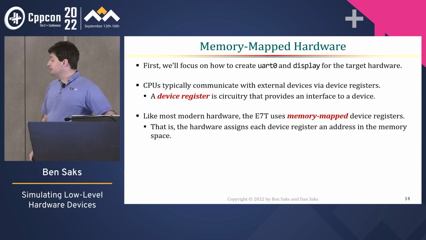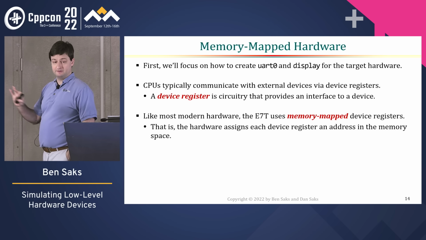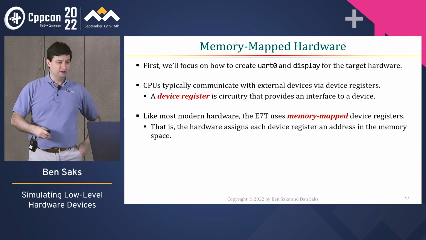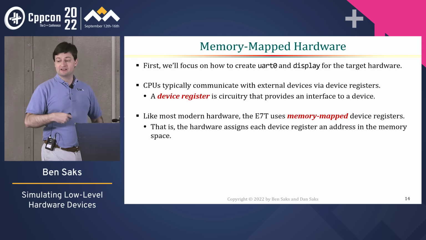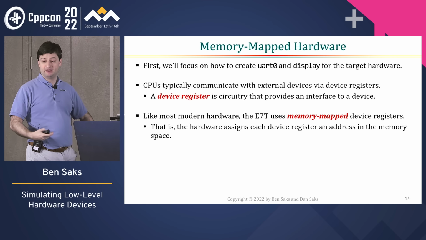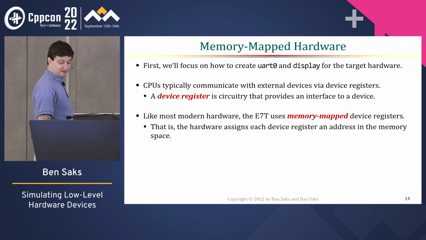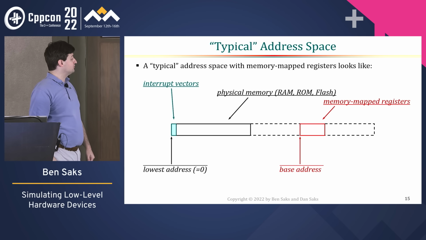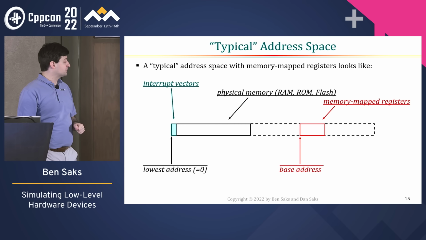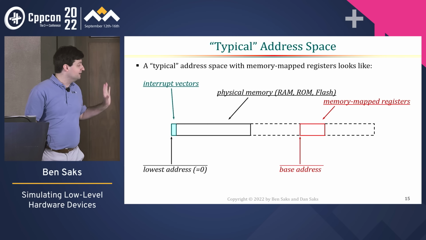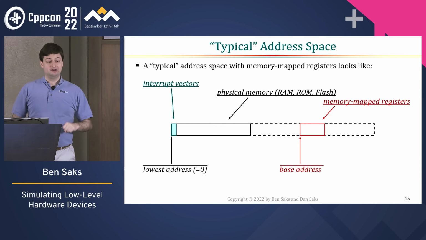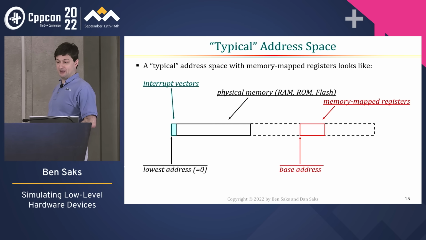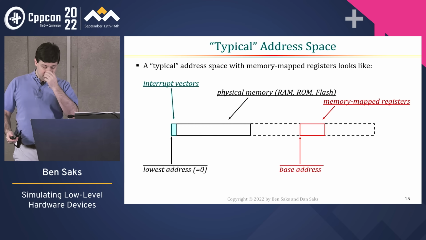On the E7T, like on most modern hardware, these device registers are memory mapped. So each one of these registers has an address in memory space, and our memory space is going to look something like this, where we've got a section for our physical memory, and then another section elsewhere that's been reserved for speaking to memory-mapped device registers.